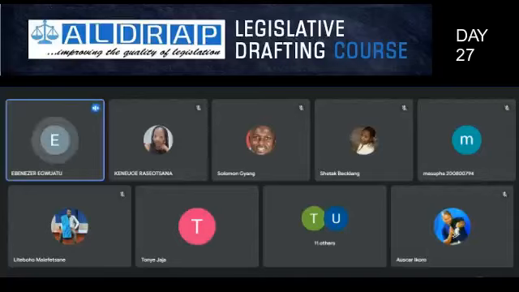Because those people use connections: my brother is a senator, my sister is this, my uncle is this, I know the PA to the president, I know the SA to this person, and they got appointed. But when you go back to the qualification of the person who should occupy that post, qualification is one thing, procedure is another.